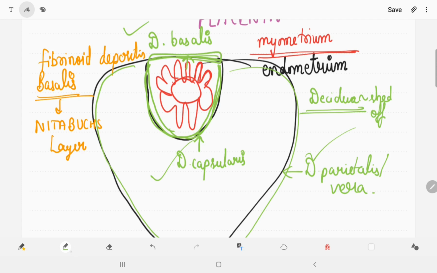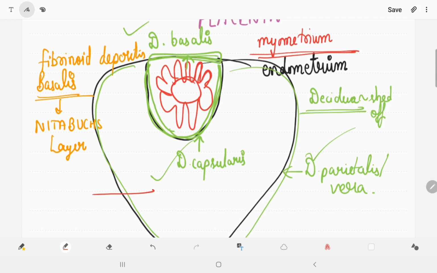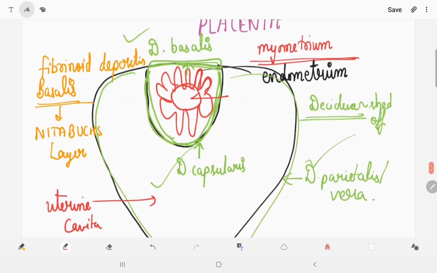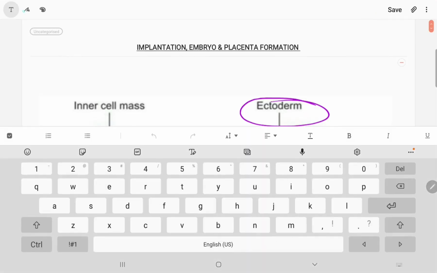And also at this stage, can you see that this is my uterine cavity which is still intact, and this is the baby, okay? Now let us try to develop this concept further. Right.